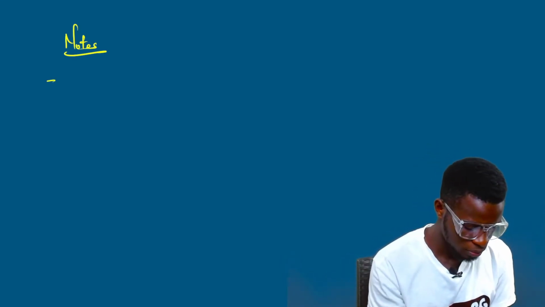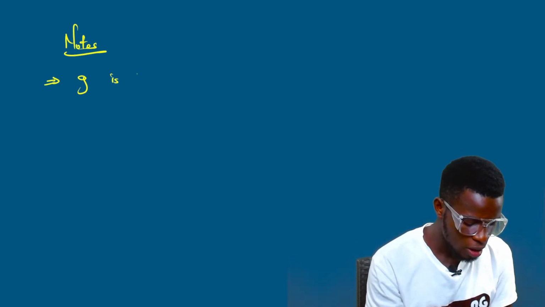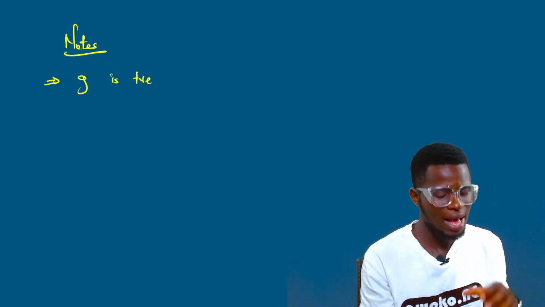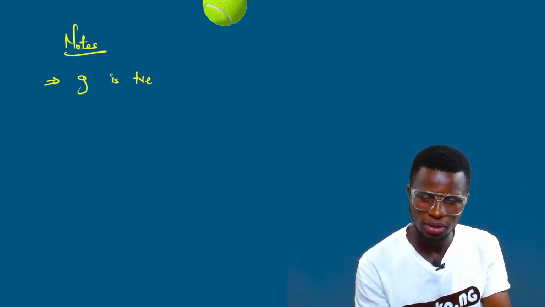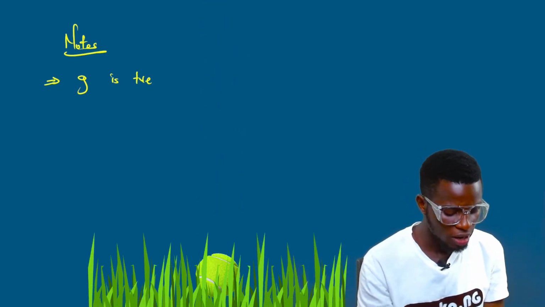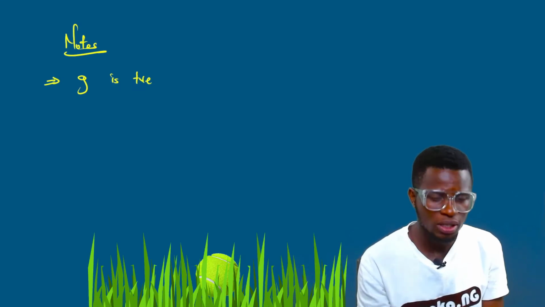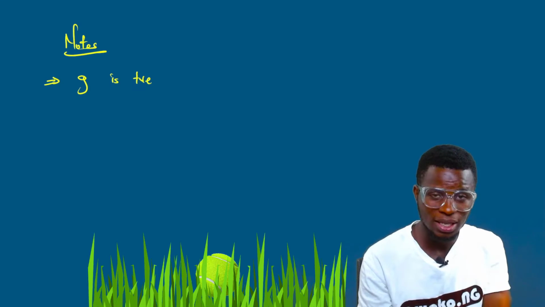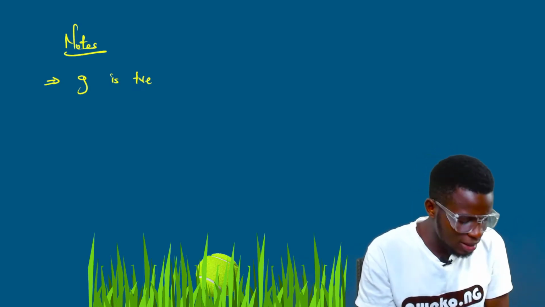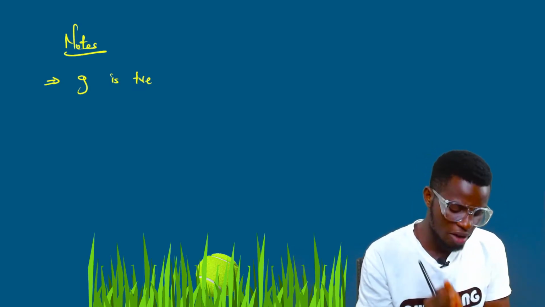The first thing to note is that the acceleration due to gravity g is positive when an object is moving downwards, that is, when the object is acting in line with gravity.